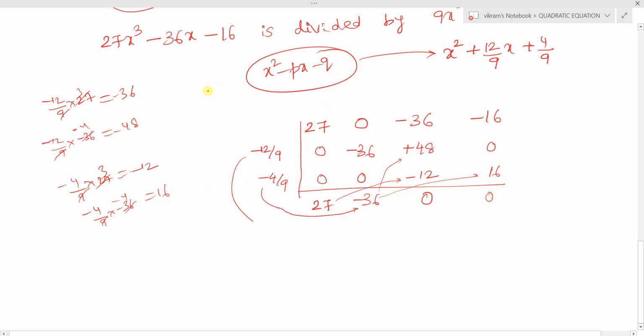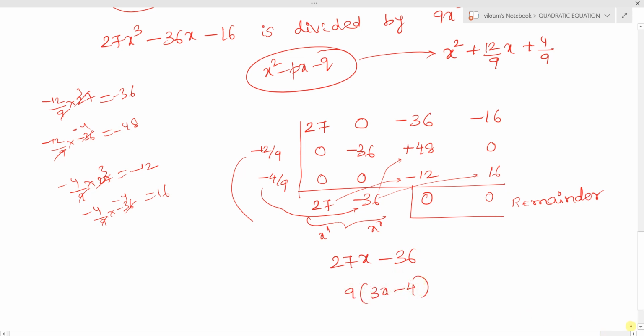Dividing the x cube term by x square, we get only an x term. The last two entries are the remainder, the x power 0 and x power 1 terms. The quotient is 27x minus 36, and if we take 9 as common, it is 3x minus 4.